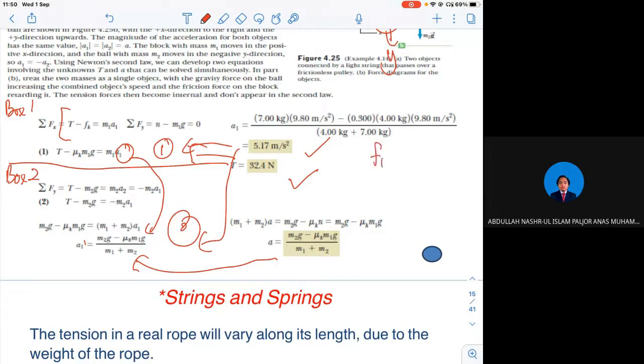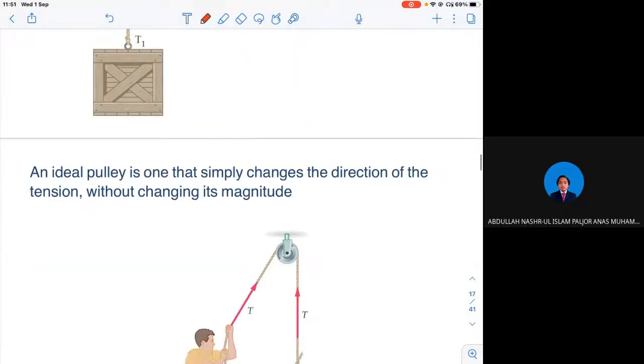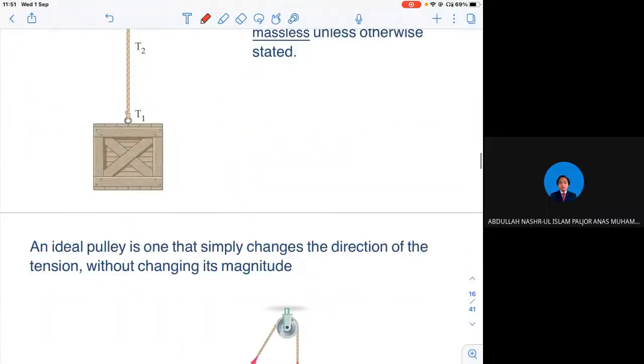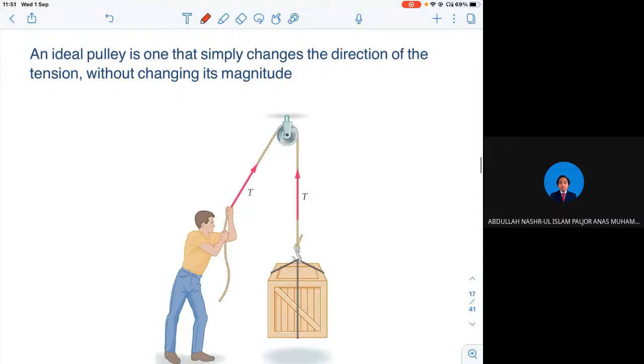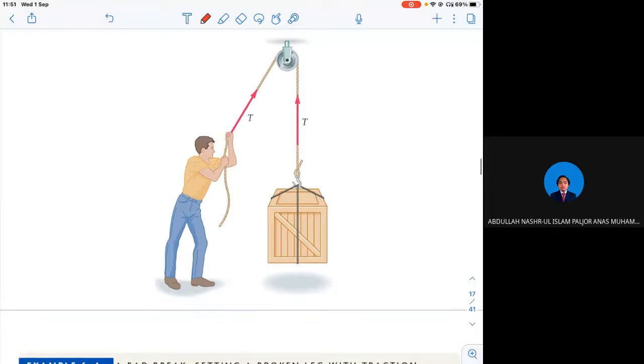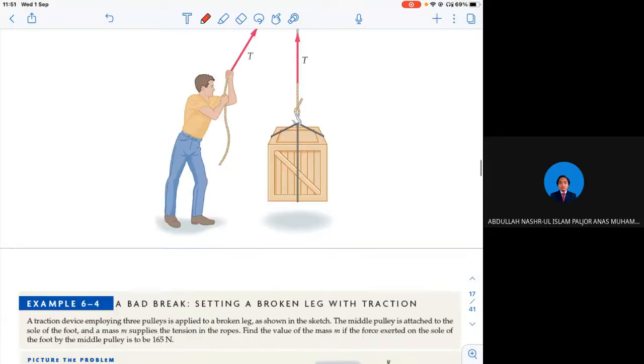Remember, Fk is mu k times N, Fs is mu s times N, where N is the normal force. Okay, so I assume we already discussed the direction of the tension.